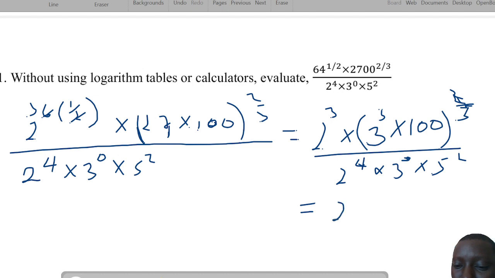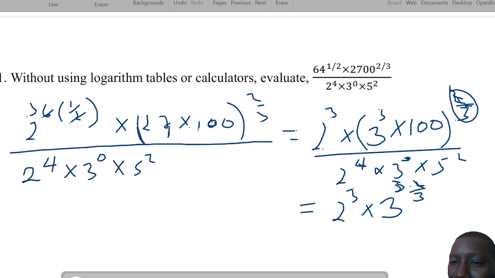So basically class, this is what I want us to do. This is going to be 2 to the power of 3. Then I want to spread this power inside the bracket. So that means I'll have 3 to the power of 3, raised to 2 all over 3.